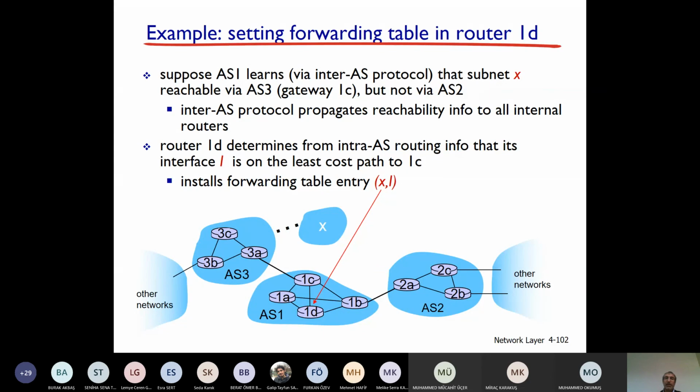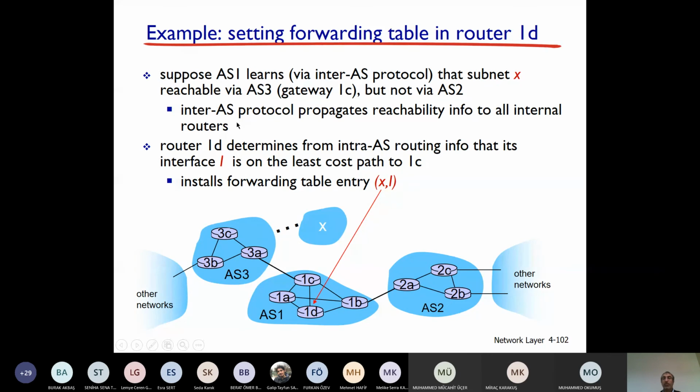Let's say, for example, we are going to set the forwarding table in router 1D. And as I mentioned, assume that AS1 learns that subnet X is reachable via AS3 gateway 1C. As you can see from this figure, AS3 is connected to my AS1 through the gateway 1C, right? But not via AS2.